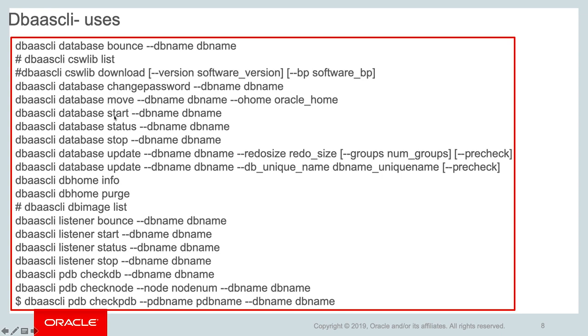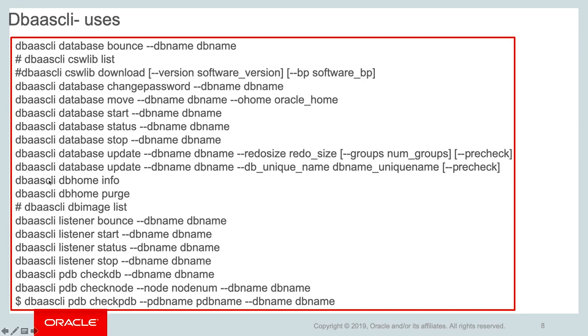You can move a database, start a database, look at the status, and stop a database. You can update the database configurations like redo size, or rename the database unique name. It also provides you a pre-check before changing those configurations, so in case you have to take care of certain aspects, you can correct them, and then go ahead with applying it in your environment.